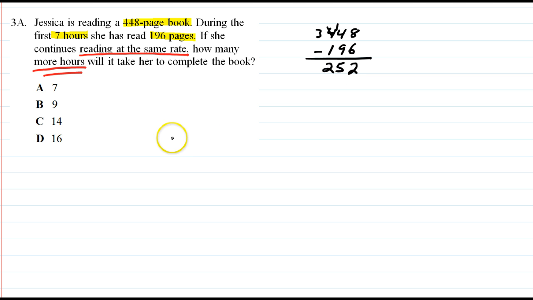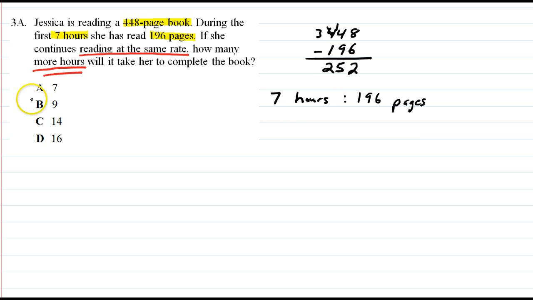And we get 252. So you can think about this a couple different ways. If she reads for 7 hours, she's going to read a total of 196 pages. So she only needs 252 to go, but obviously it's going to take more than 7 hours.